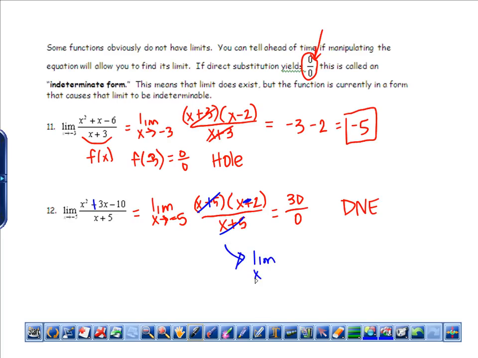That then would have been the limit as x approaches negative 5 of x minus 2, which I can plug in because I now have something that's continuous and basic, and that limit would have been negative 7. So hopefully you see the difference between 0 over 0 and a number over 0. Okay, bring your questions to class.